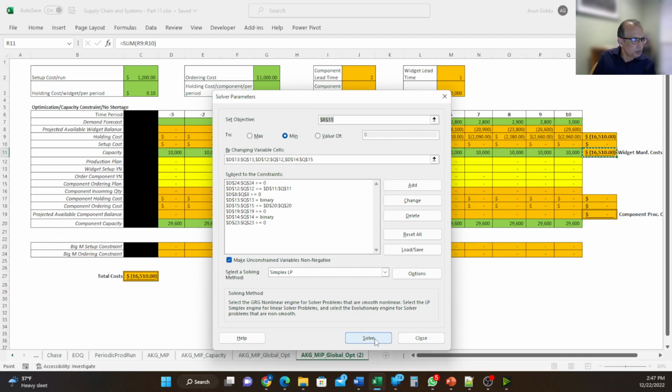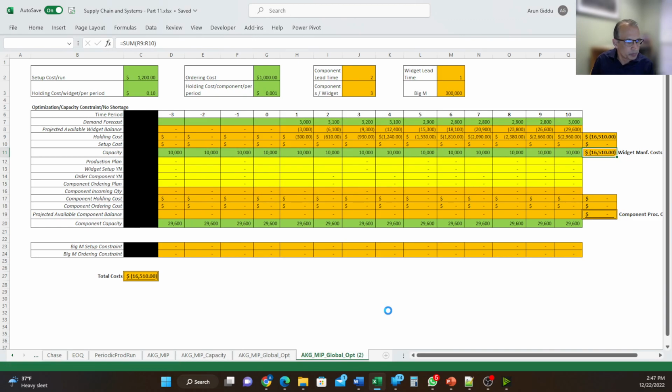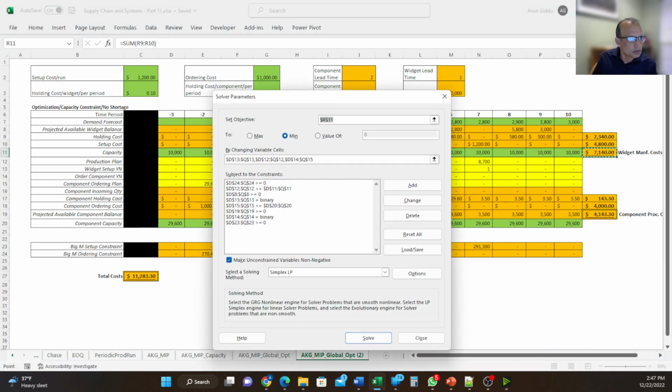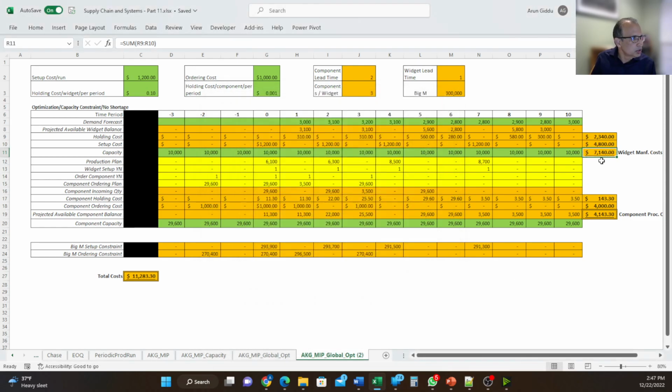So I'll let it fly, and it says, okay, the optimized cost of manufacturing is 7140 as before.